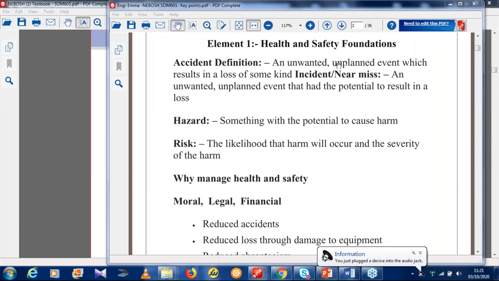But first of all, let's start talking about some of the terminologies that we'll be using in the course. One of them is health, before we talk about hazard and risk. What is health in its own sense?